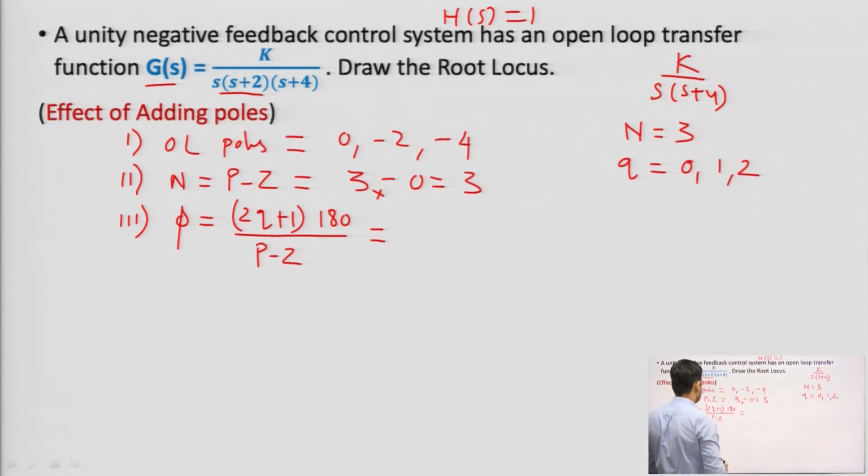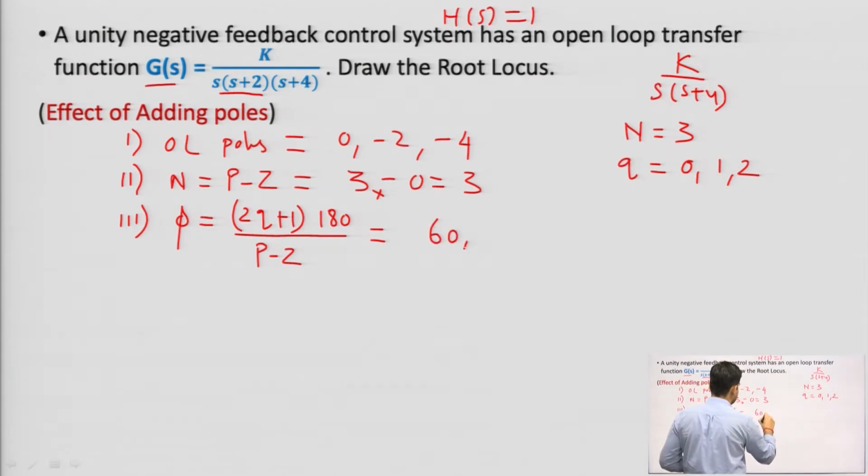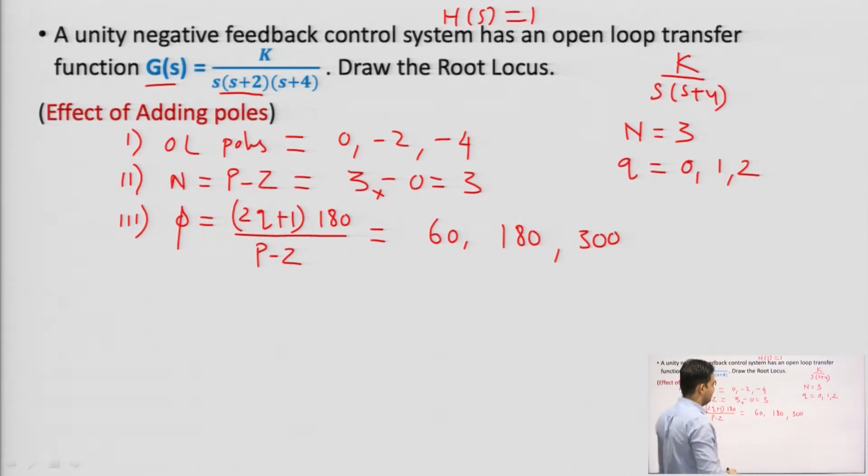When you put q equal to 0, you will get one angle of 60. When you put q equal to 1, the next angle would be 180. When you put q equal to 2, the next angle would be 300. So these would be the basic angles that you will find whenever n equal to 3.